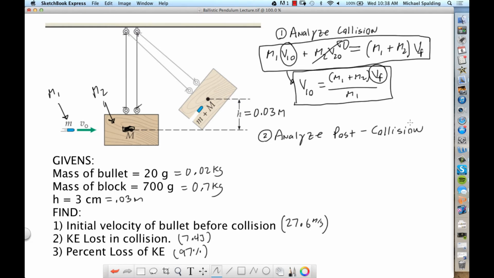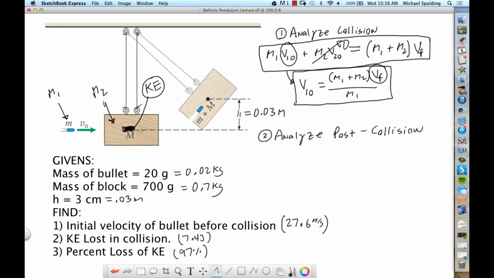And by after the collision, I mean a split second afterwards, 0.00001 seconds after. The bullet goes into the block, bam, collision is done. What type of energy will the bullet block combo have immediately after the collision? Kinetic, and then that kinetic energy is going to get converted.